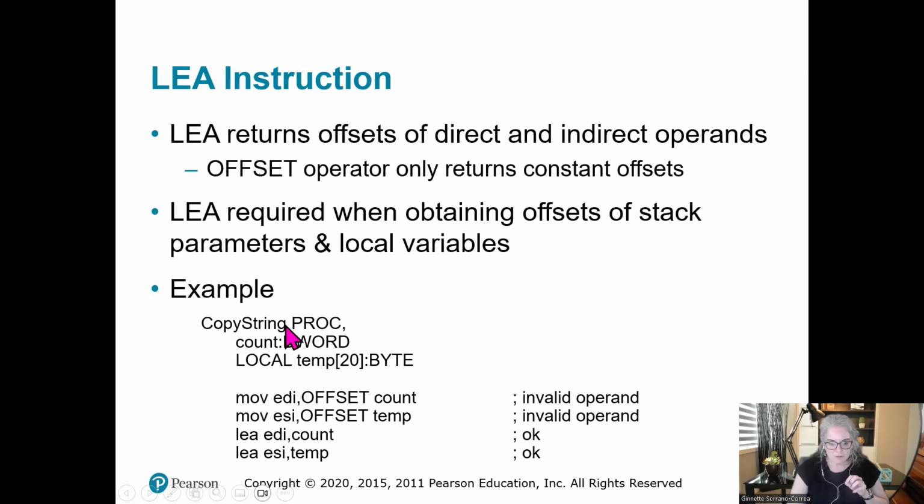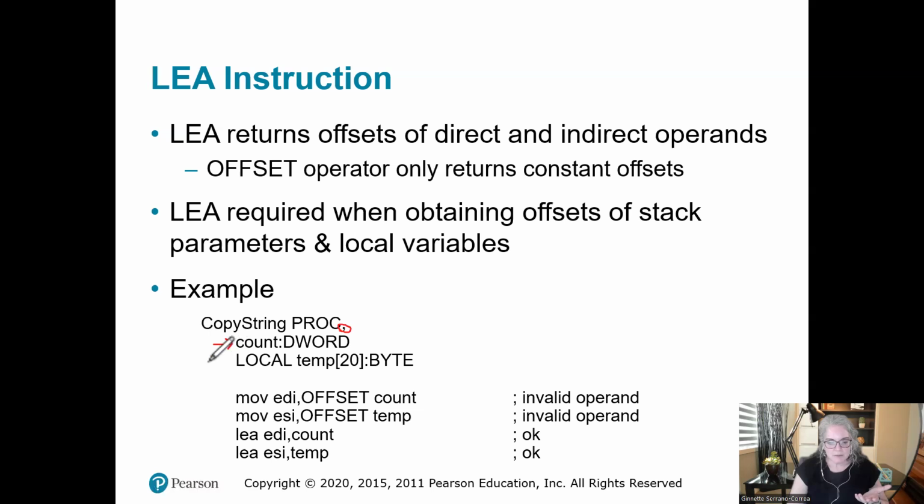We have this procedure, the copy string procedure. This is a little bit different. Here they're passing the values like you would pass the values in a high-level language. So you see this comma here after proc. This is the first thing that's getting passed to the function.